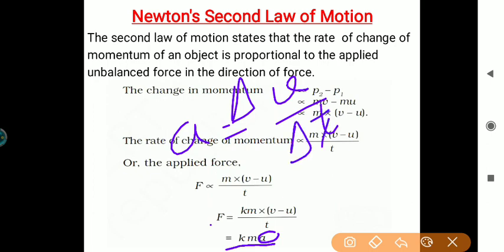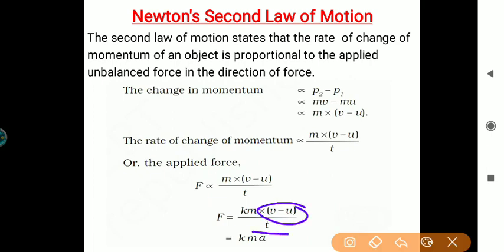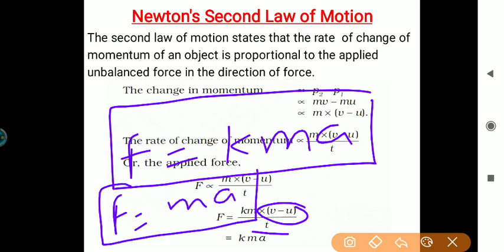The change in velocity is v minus u, divided by t, and this is the acceleration. So force is equal to k m a. If k is 1, then F is equal to m into a, meaning force is equal to mass into acceleration.